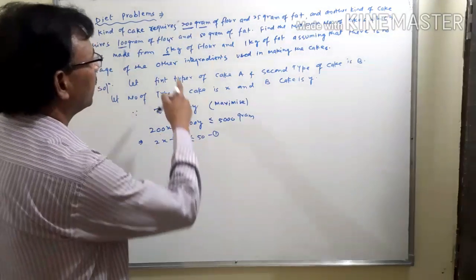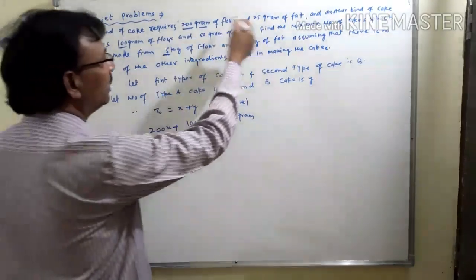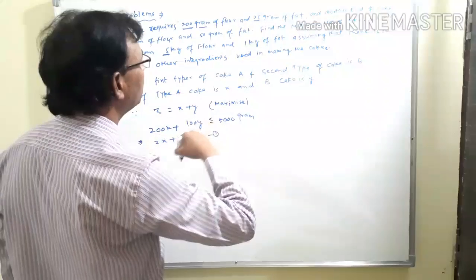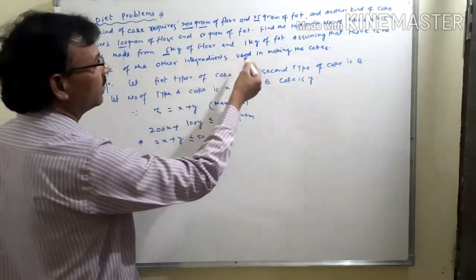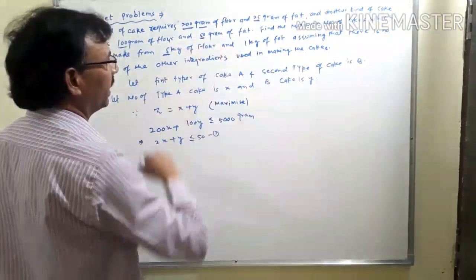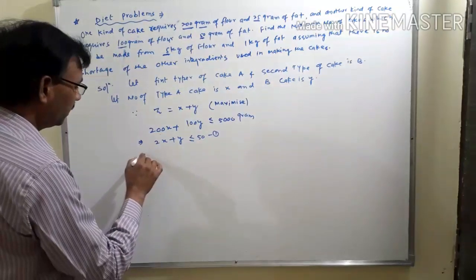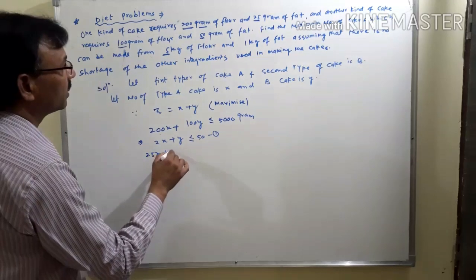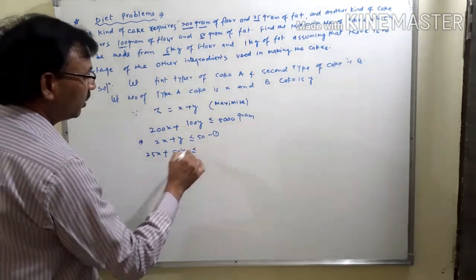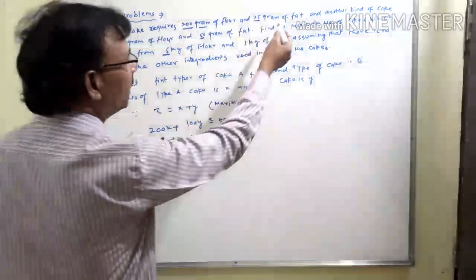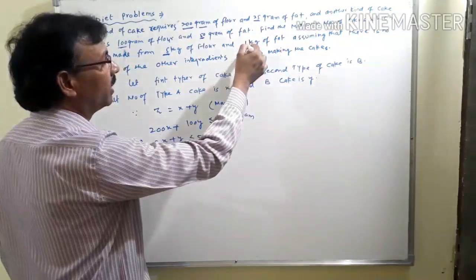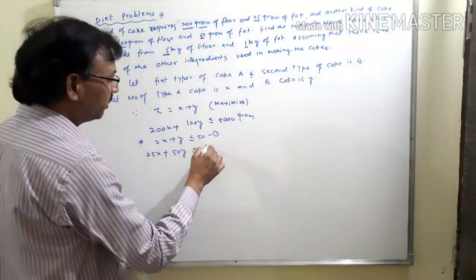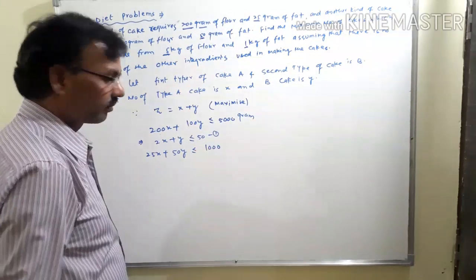Second constraint: as you see here, the first type of cake requires 25 gram of fat and the second type of cake requires 50 gram of fat. Therefore, this will be 25x plus 50y, less than or equal to the availability of fat, which is 1 kg, that means 1000 gram.